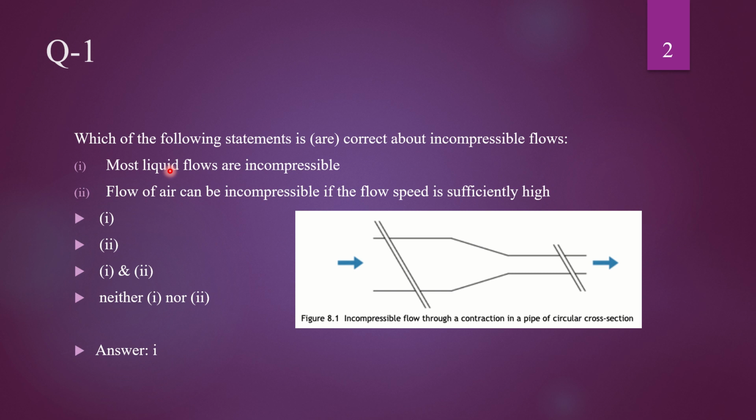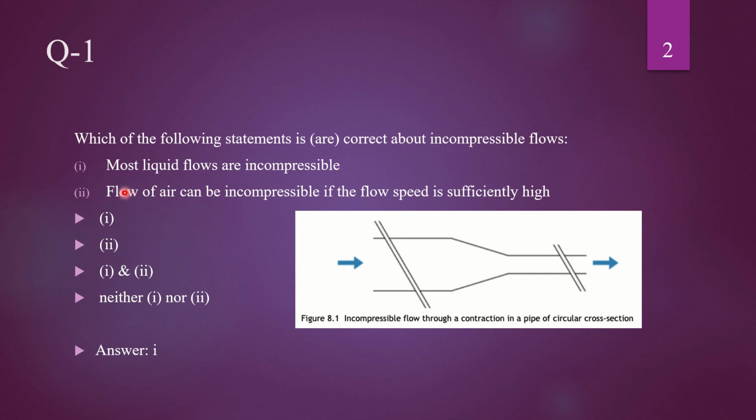The second statement is, flow of air can be incompressible if the flow speed is sufficiently high. Here we should think first of all about when we consider the flow to be incompressible. We consider the flow to be incompressible when the velocity is very low. In such cases, there won't be much change in the density of the system.